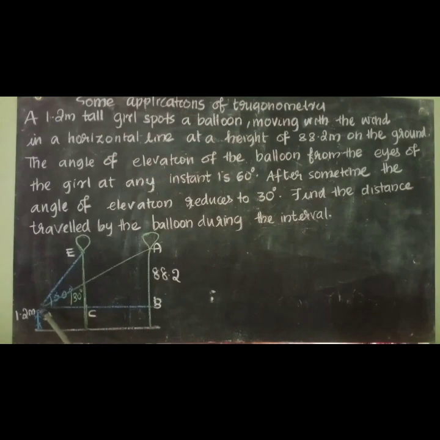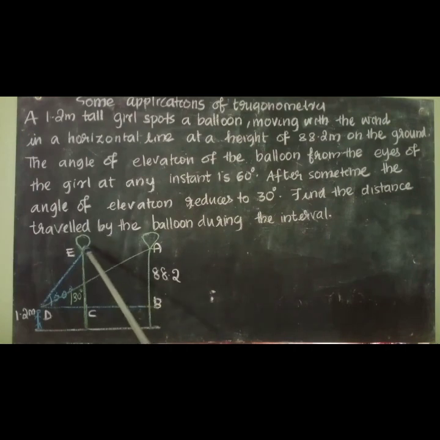That means she is looking to the balloon at an angle of elevation of 60 degree. So this is the line of sight and this is the horizontal line. You remember the angle of elevation is starting from here. This height 1.2 meter we are not considering. So here is the line of sight and here is the horizontal line.